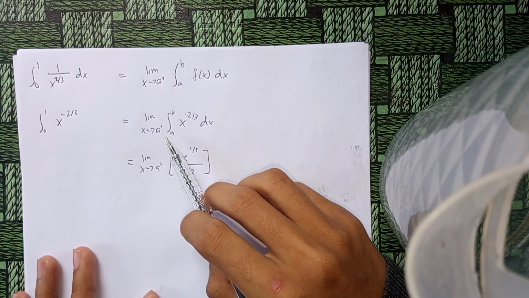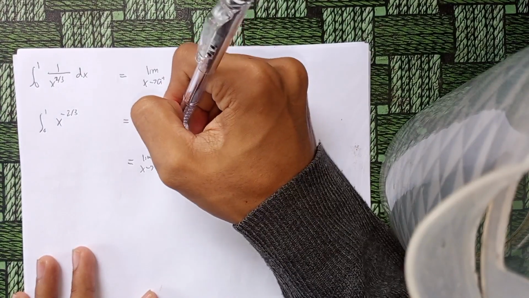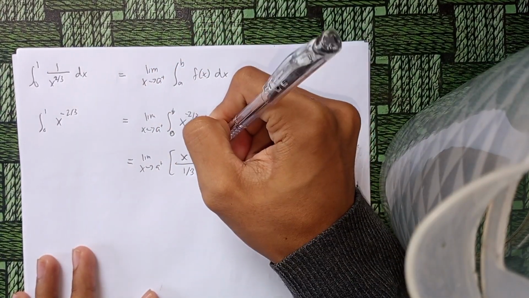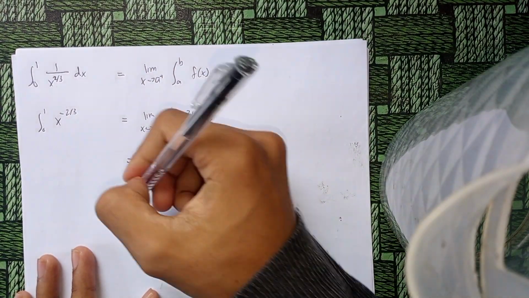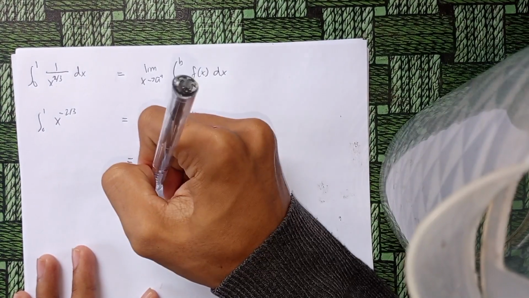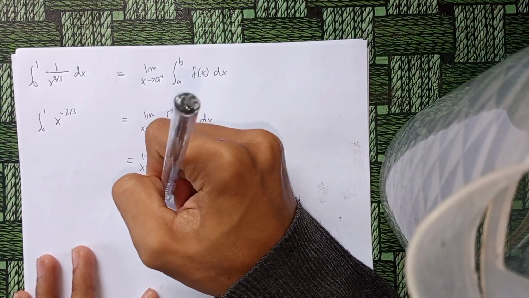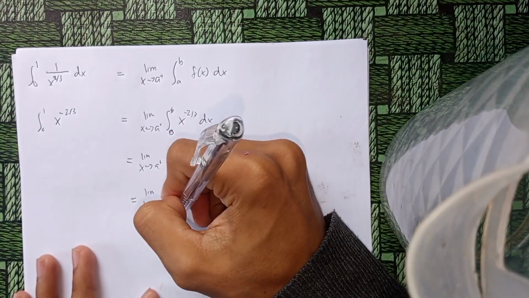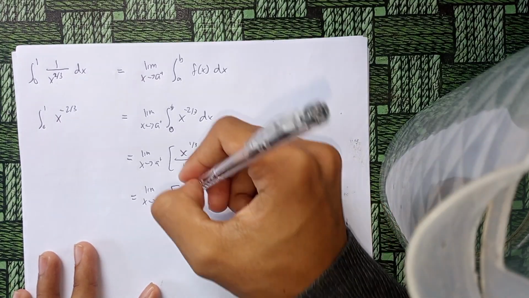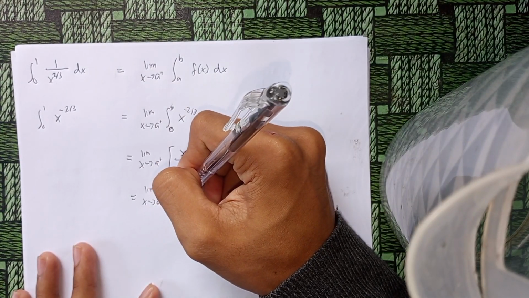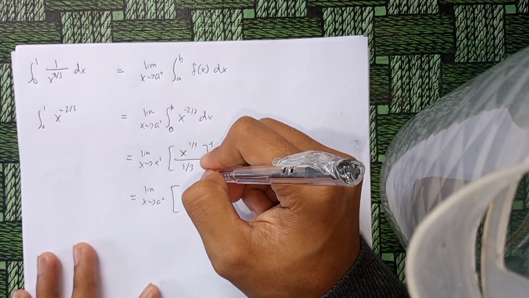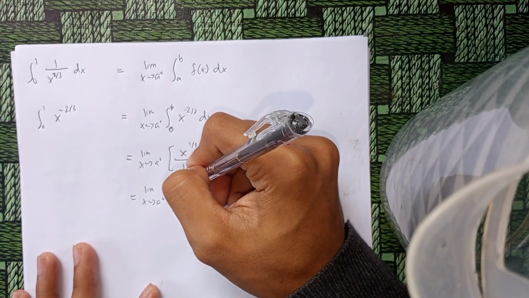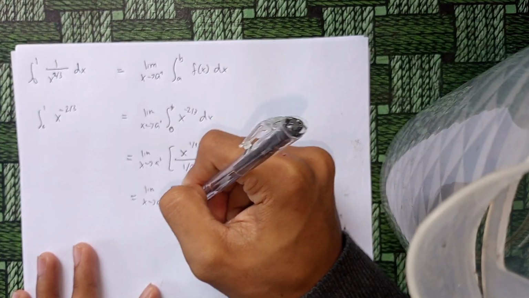But the boundary is from 0 to 1. Okay, so let us proceed. Limit of x. Let us now put the value. 1, 1/3.